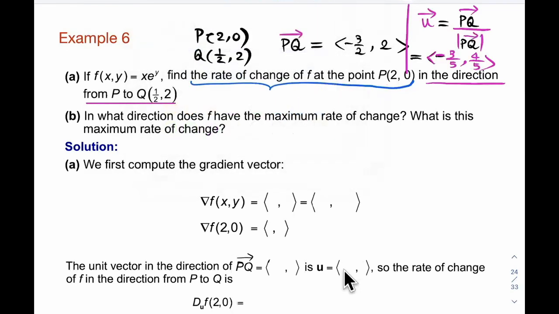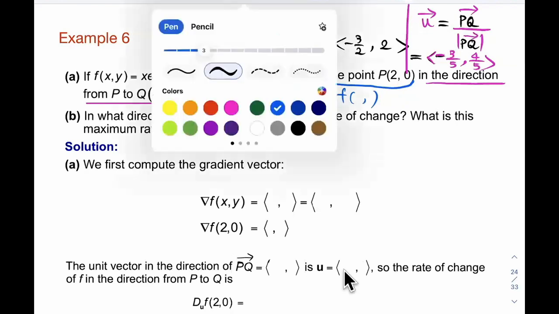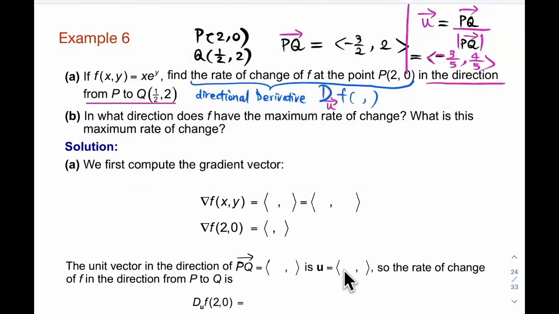Let's put it down: the directional derivative of the function in the direction u, at the point (2, 0).